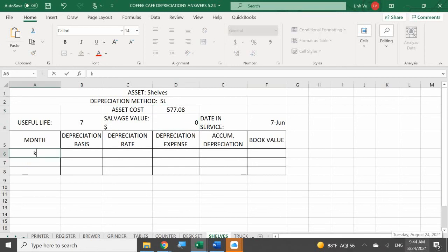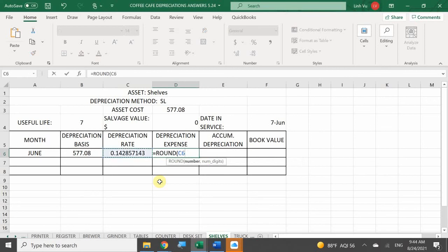Once again, we're going to be doing June. Depreciation basis is the 577.08. What's the depreciation rate? 0.142857.